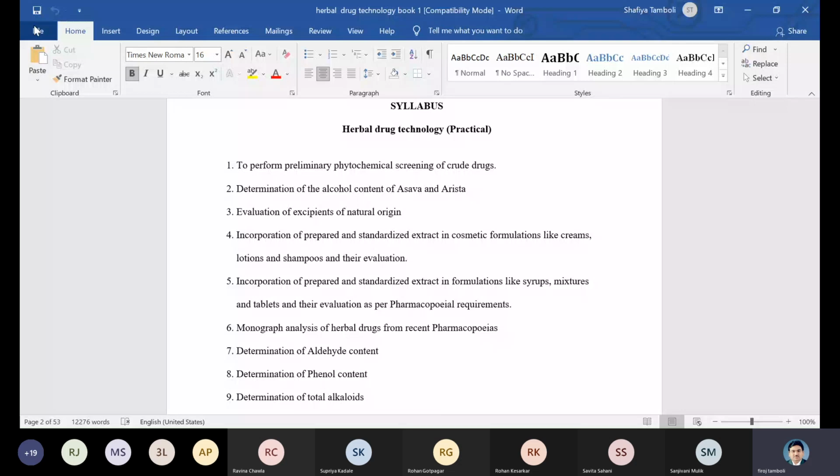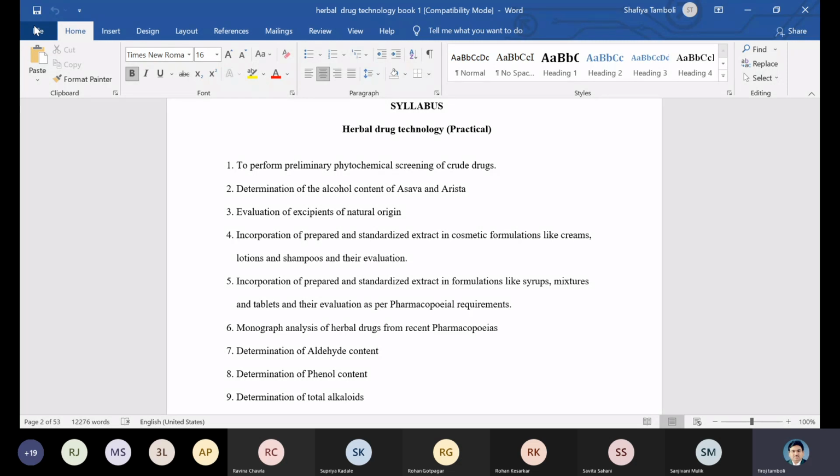You apply different chemical tests for your powder or alcoholic or aqueous extract: alkaloid test, tannin test, glycoside test. You know very well now what the different secondary metabolites are.